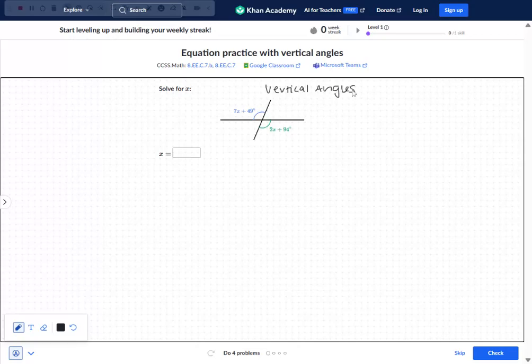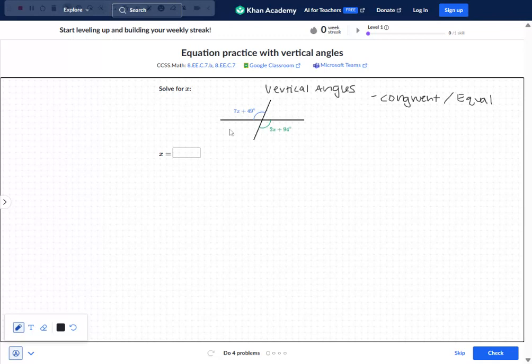Now how does that help us? What do we remember about vertical angles? We know that they're congruent. Another way to say that is they're equal. We've got some binomials, two terms. They're not telling us specifically that this measure is 100 degrees, so the other one will be 100 too.